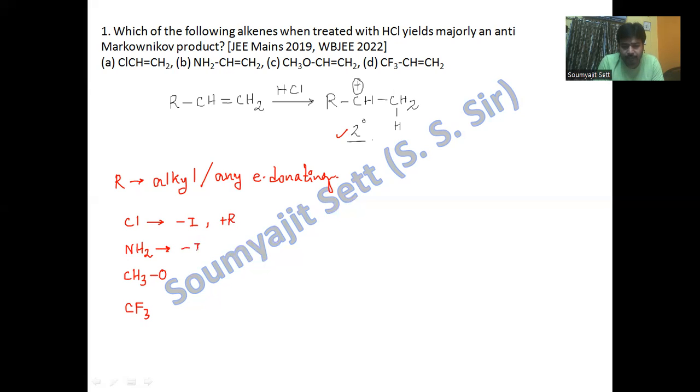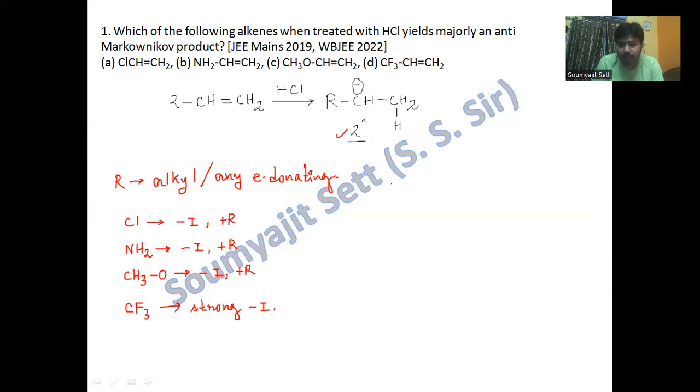NH2 also the same, minus I as well as plus R. Methoxy, minus I, plus R. But CF3 has a strong minus I effect. So that means in the presence of Cl, NH2 or methoxy group, this 2 degree carbocation can be stabilized. But when the R group is CF3, then this kind of 2 degree carbocation would never be stable.